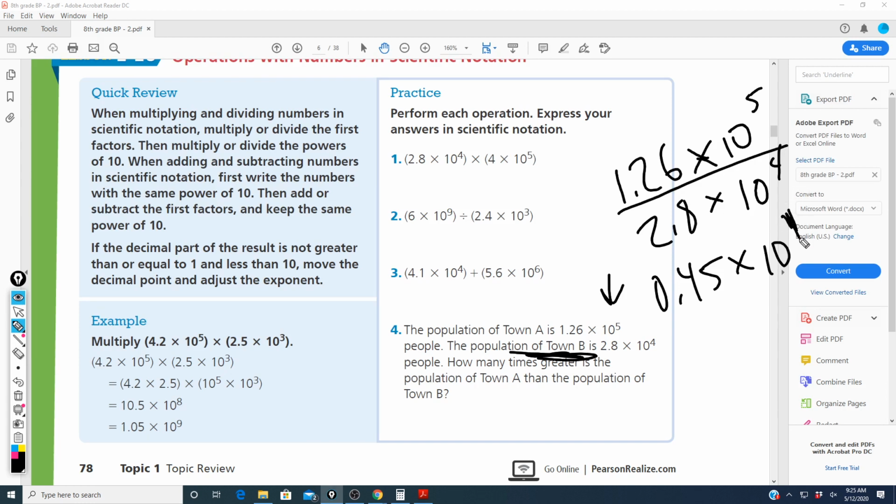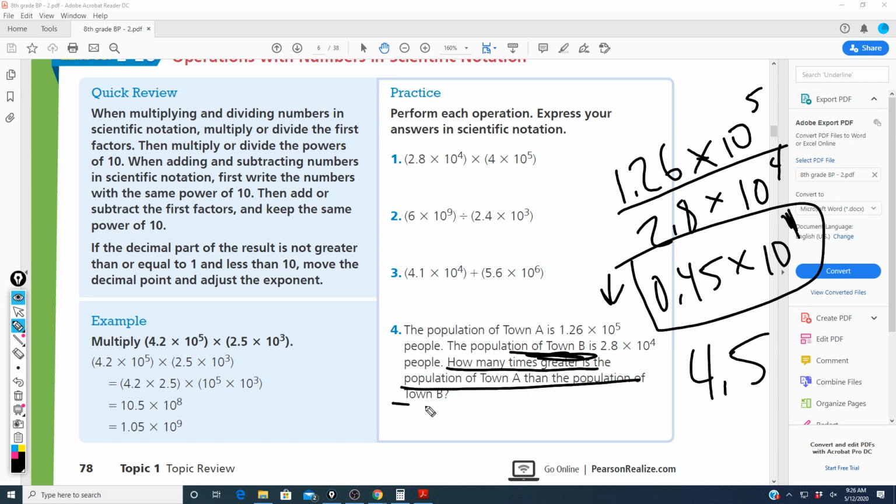But remember, in this instance, 0.45 times 10 to the first is simply put as 4.5. It doesn't say anything about leaving it in scientific notation. It just says how many times greater. Well, you can do the math in this instance. 0.45 times 10 to the first is 4.5 times greater. 4.5 would be your answer for number 4.